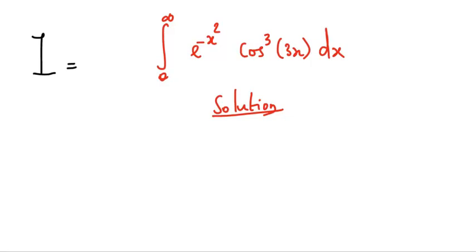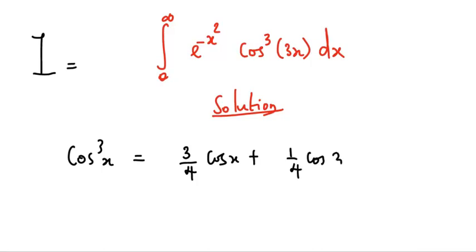Again, we have the cube of a cosine function. Let us recall this nice cosine identity: cosine cubed of x is equal to 3/4 cosine of x plus 1/4 cosine of 3x.